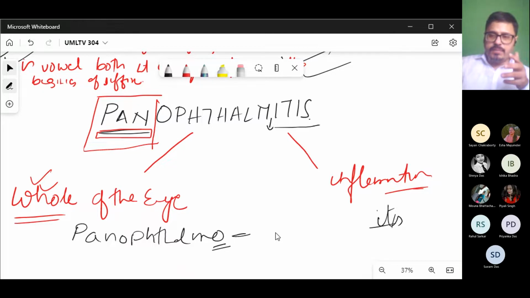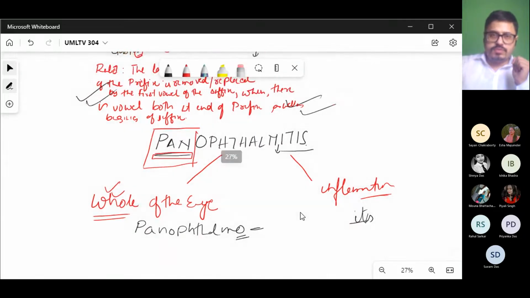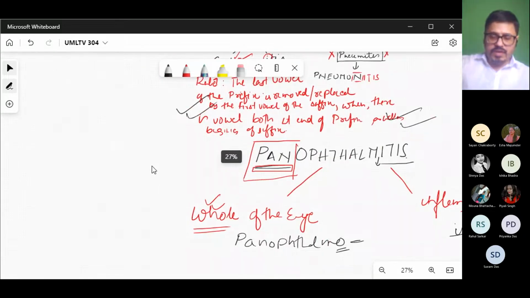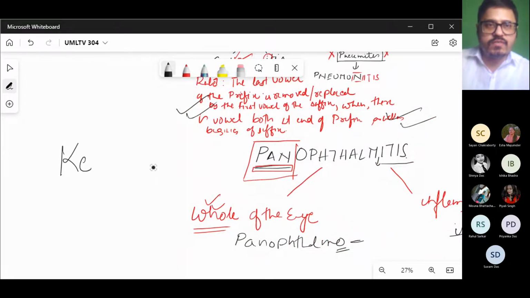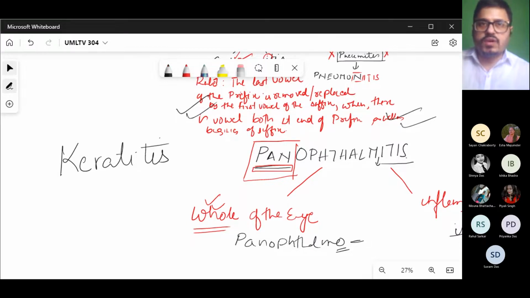And accordingly, based on the parts, the prefix would also obviously differ. So let me give you, as for example, a term called keratitis, which is involved with the eye. Keratitis. So what could be the meaning of this term keratitis?